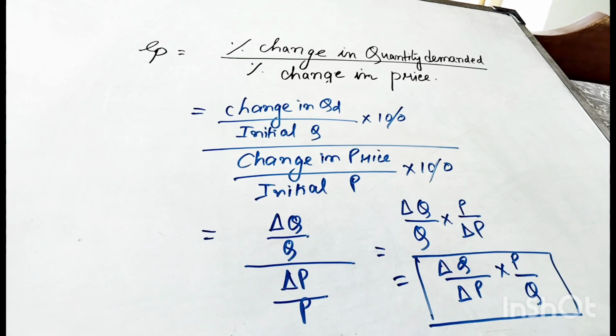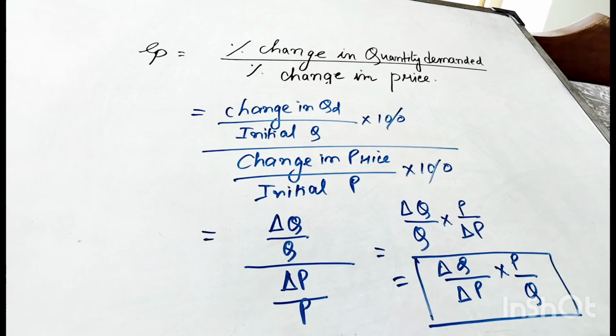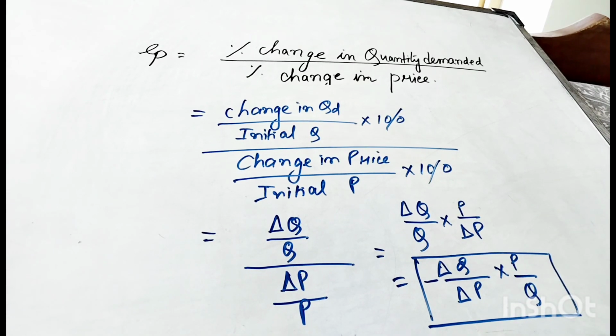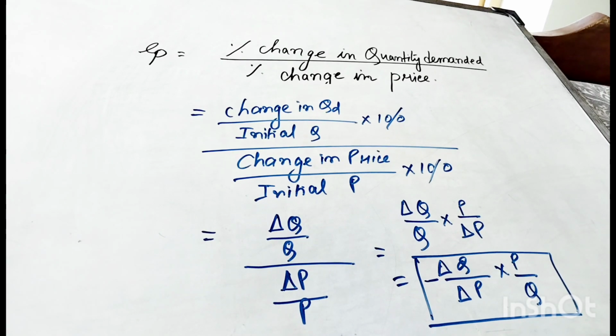Now here we know that for price elasticity of demand there is a negative sign. That means EP will be equal to minus del Q by del P into P by Q. Why is there a negative sign?